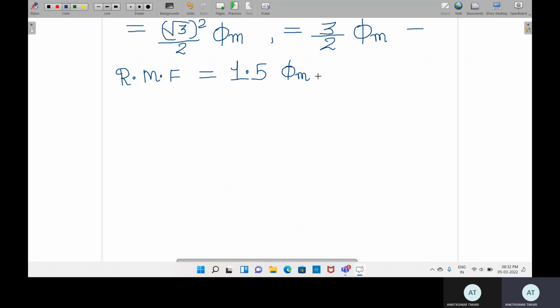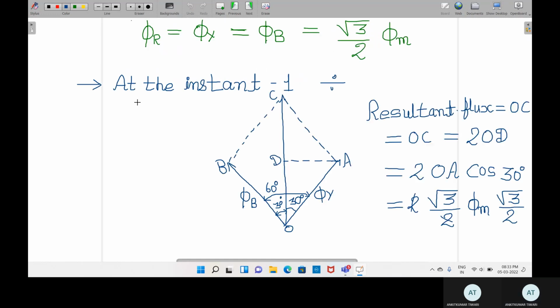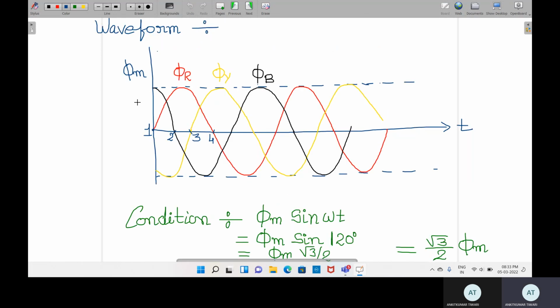The resultant magnetic field is 1.5 times the magnetic field produced by one coil, which means it is higher than the magnetic field produced by the single coil of each system. This is at instant 1, what we have seen.